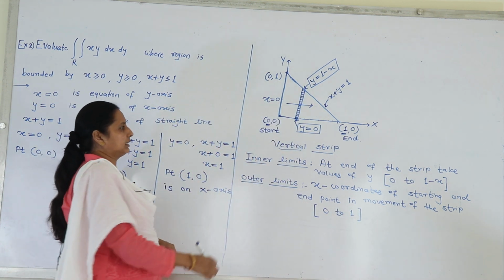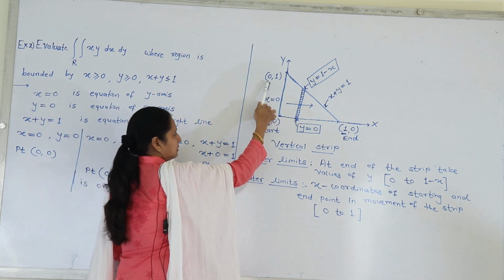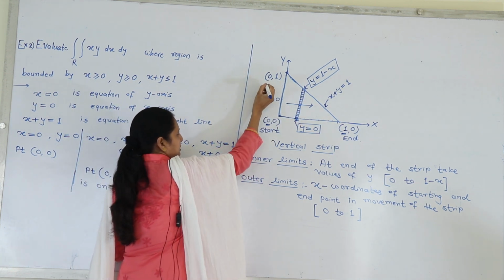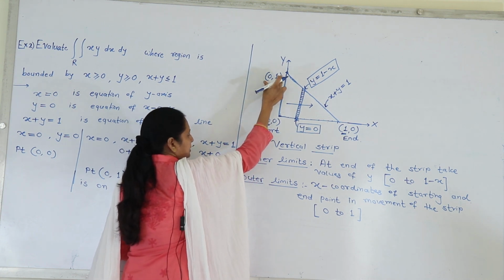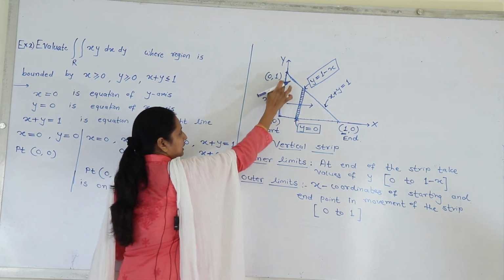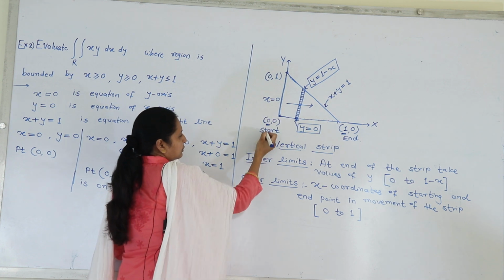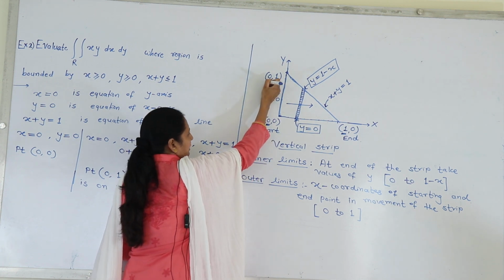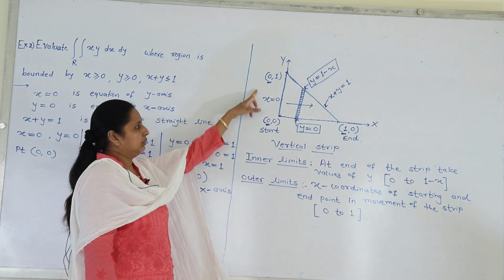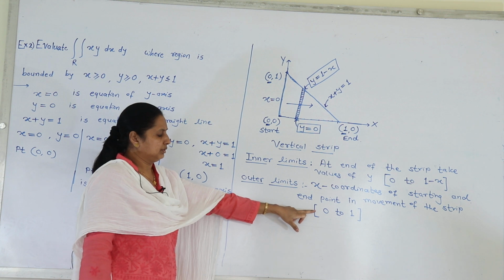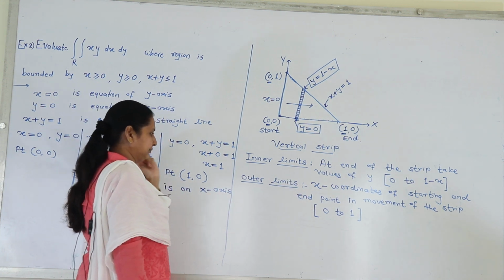Now we can say the starting point is also 0 1. You can take the starting point 0 1 because 0 1 and 0 0 are on the same line. If you take this starting point, then the x coordinate will also be 0. Then the lower limit will be the same, that is 0. The upper limit is 1.